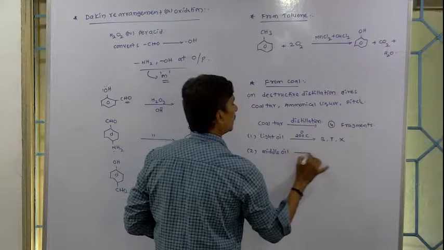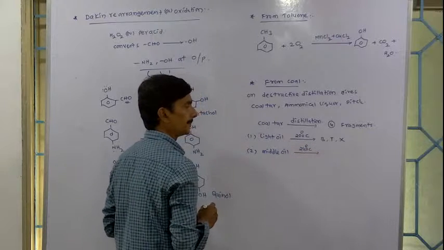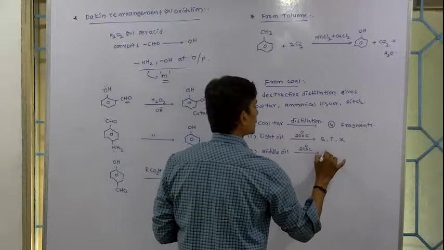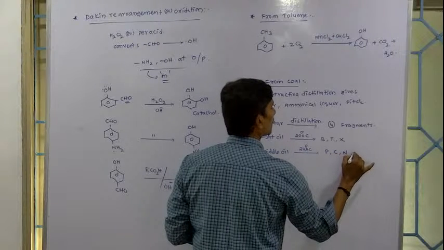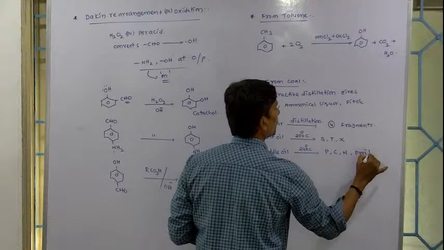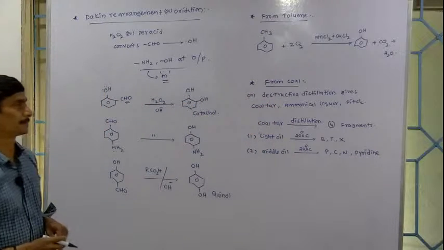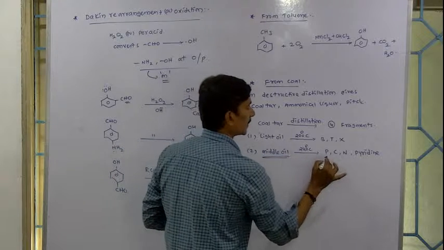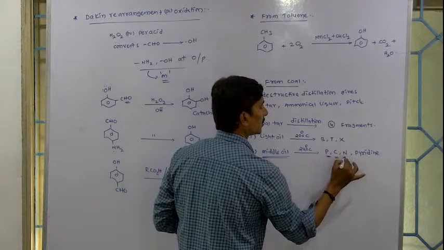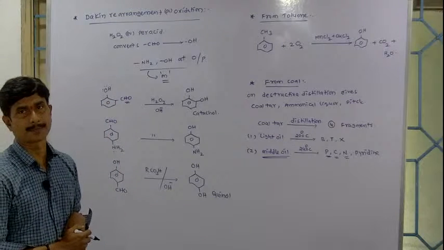Second one is the middle oil, 200 to 240 degrees centigrade. It contains phenol, cresol, naphthalene, and a nitrogen base which is called pyridine. So the middle oil fragment contains phenol, cresol, naphthalene, and pyridine.